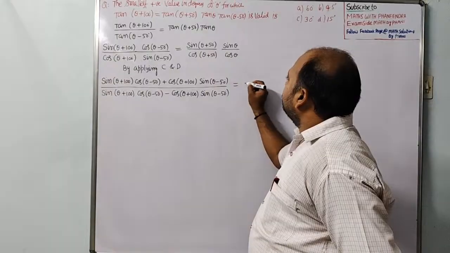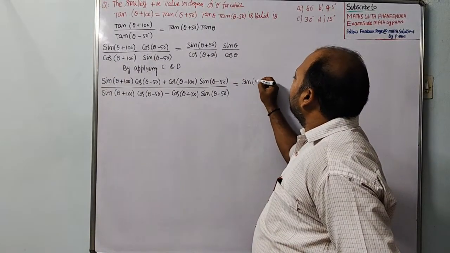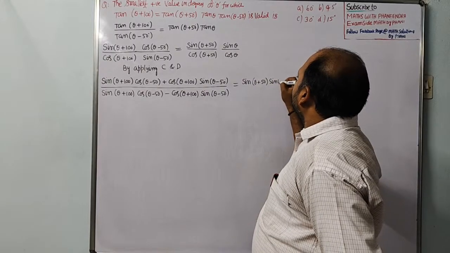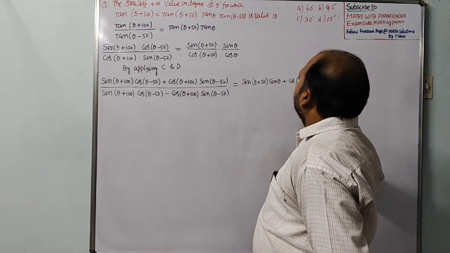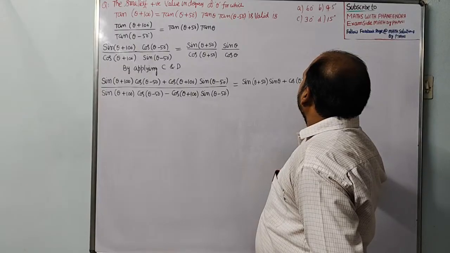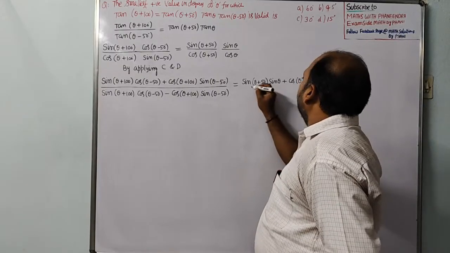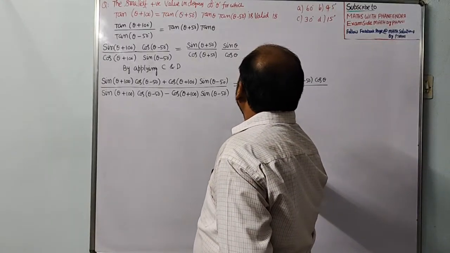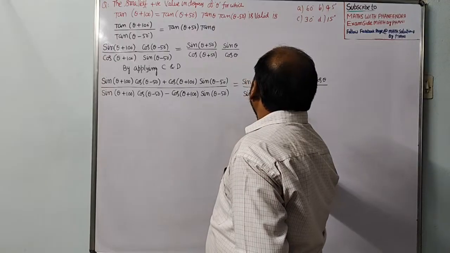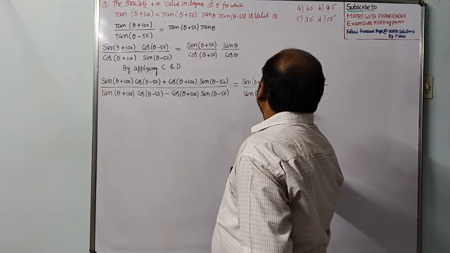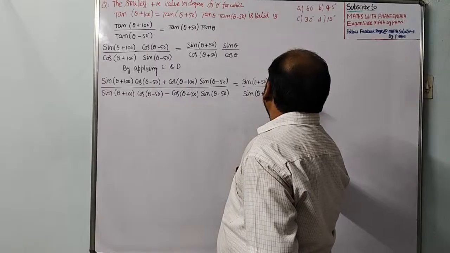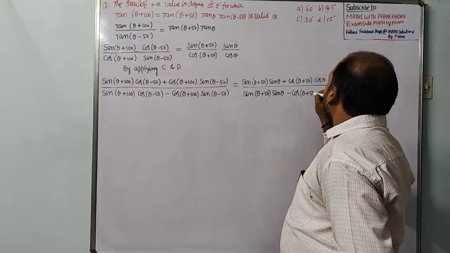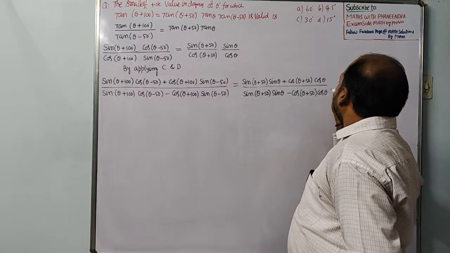Which is equal to, so here also same thing, sine of theta plus 50 into sine theta plus cos of theta plus 50 into cos theta, divided by sine of theta plus 50 into sine theta minus cos of theta plus 50 into cos theta.